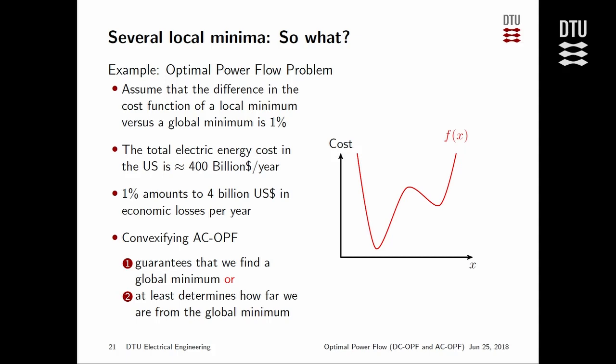And this might have a difference maybe of 1%. 1% in power systems can be actually quite substantial. The US electricity industry has an estimated cost of about $400 billion a year. Improving that by 1% is $4 billion a year. It's worth the effort, to be honest.